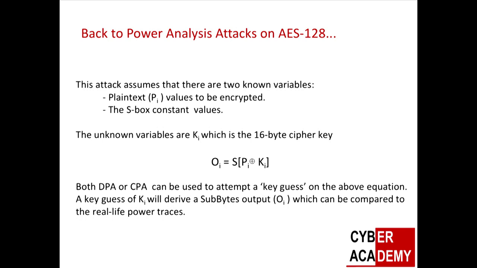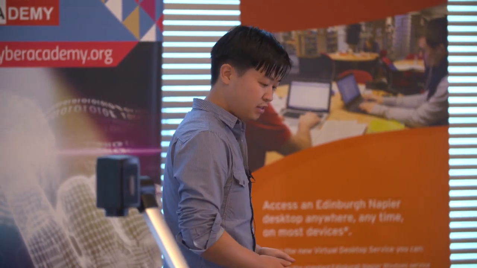We do this for each and every single key guess. Basically, the idea behind the attack is that the sub-byte output which most closely matches the real-life power trace, and remember, the sub-byte output is derived from the key guess, the one that most closely matches will be the correct key. And we do this 16 times, and we have our full 16-byte AES-128 cipher key.